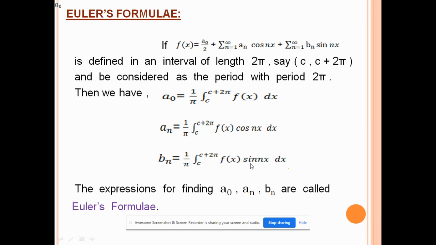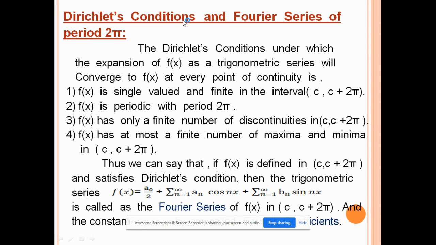Next is Dirichlet's conditions and Fourier series of period 2 pi. Here we have some conditions for the series f of x. The Dirichlet conditions under which the trigonometric series expansion of f of x will converge to f of x at every point of continuity are: f of x is single valued and finite in the interval c comma c plus 2 pi.